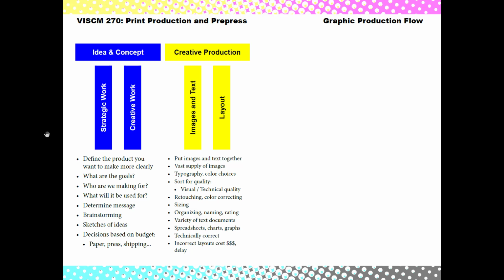So depending on the size of the project, you may have to set up some systems of how you collect these images, how you rate them, and then what's your process for resizing them, retouching them, color correcting, and so on.